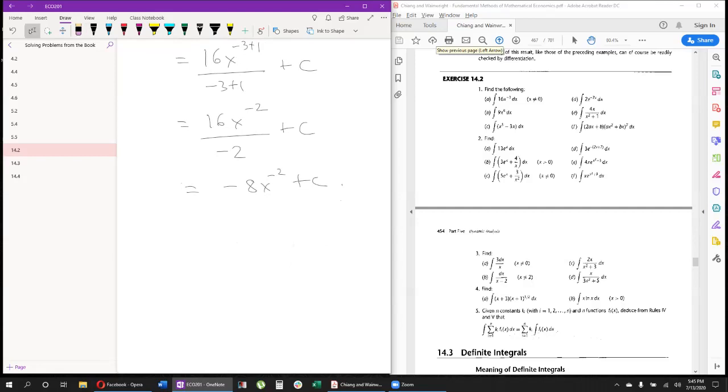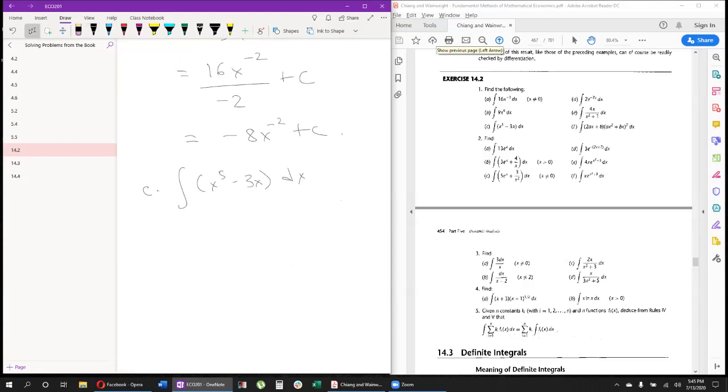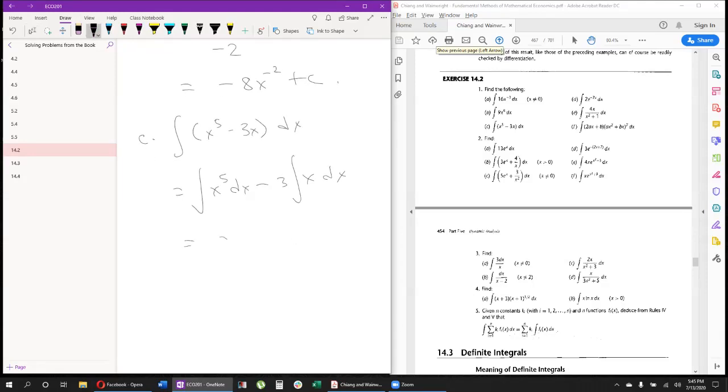Let me do c, for example. It's the last one I'll do from here. x to the power 5 minus 3x. Remember, we can separate them. So we integrate x to the power 5 dx minus 3 times the integration of x dx. Now the task is once again simplified.